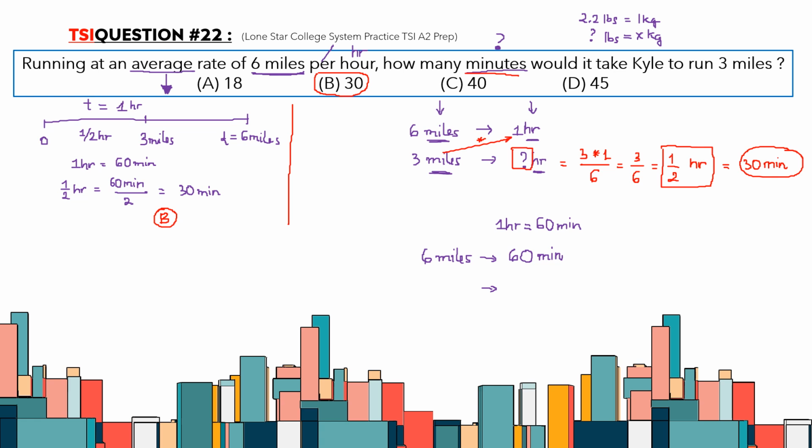So the question is how many minutes for a 3-mile run. So this one, the question mark right here, will be cross multiply and then divide for the rest.